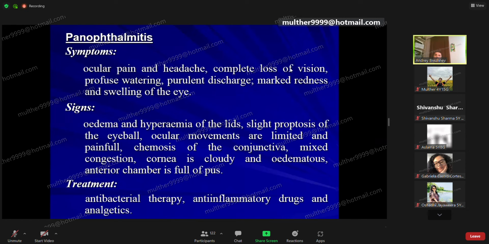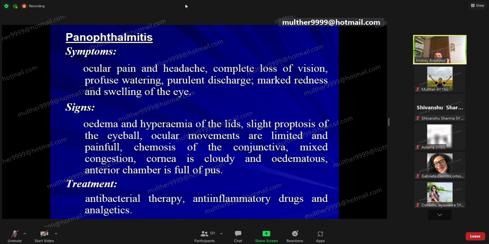Panophthalmitis. Pan means all, so panophthalmitis is total inflammation of the whole eyeball, including the Tenon's capsule. Etiology is the same as we described for endophthalmitis. It may be the next stage of the previous type of inflammation, endophthalmitis, if there was no treatment or treatment was not successful.